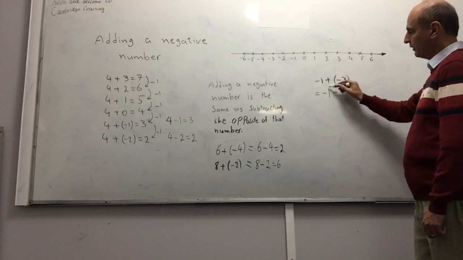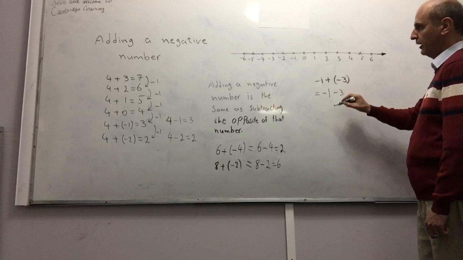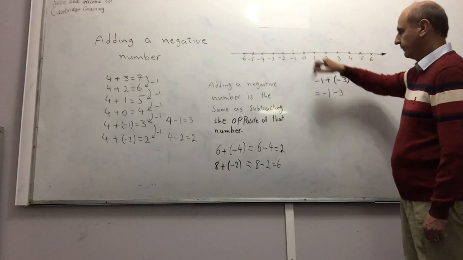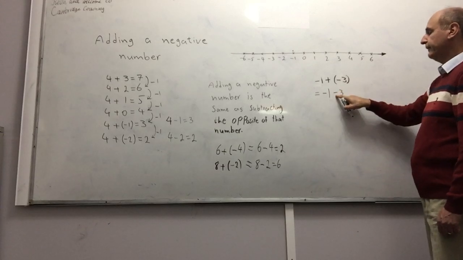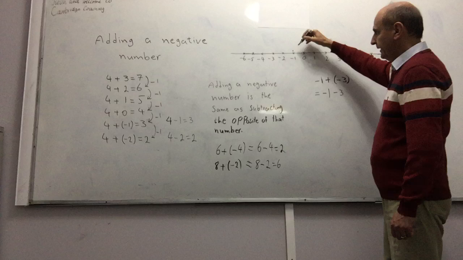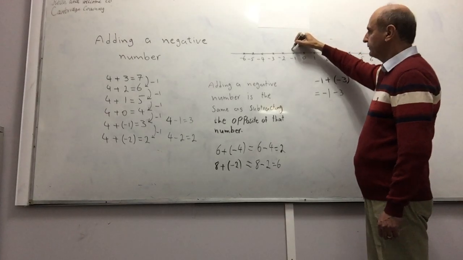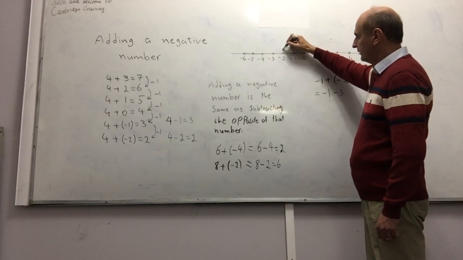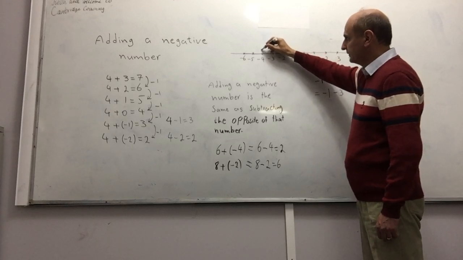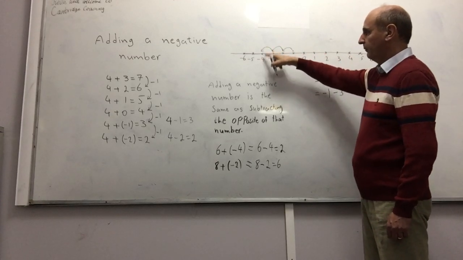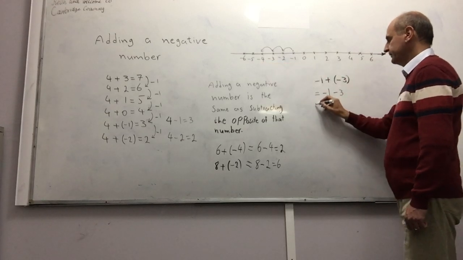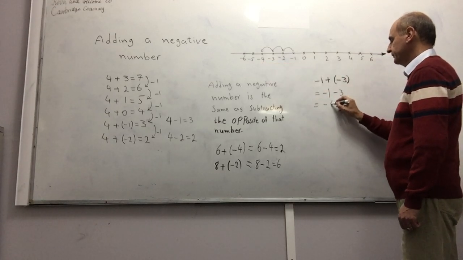So you start from the first number, which is minus 1, it is here. That's minus 1. And move to the left by 3 steps. That's 1, that's 2, that's 3. And you end up with the number minus 4. So your answer is minus 4.